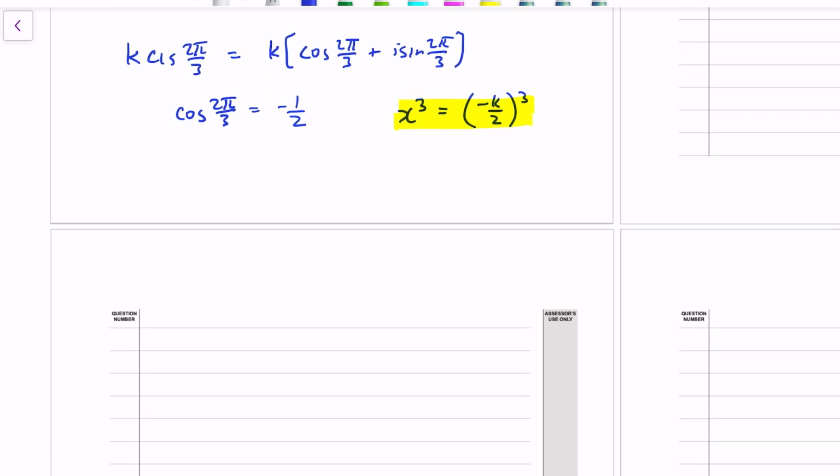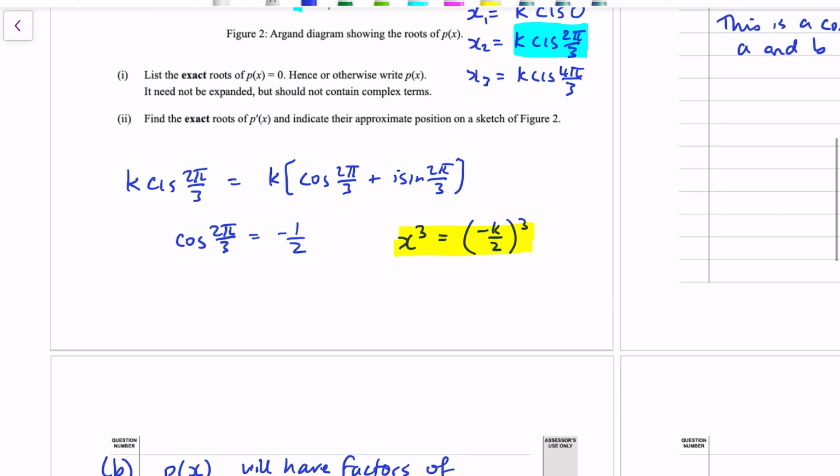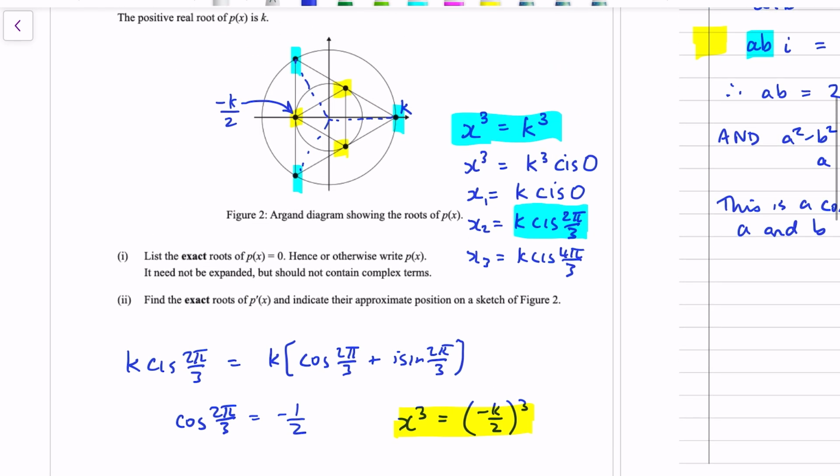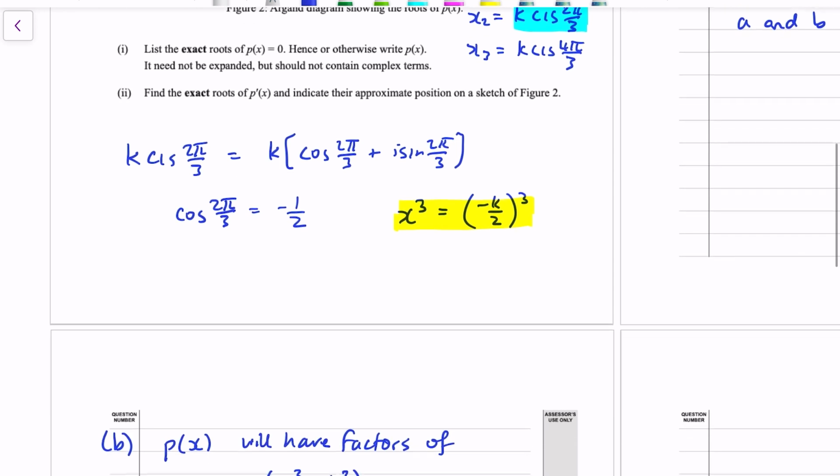So using our working from the diagram, p of x will have factors of x cubed minus k cubed. That's coming from the first one, just rearranged to make it equal 0. And then if I rearrange the yellow one, I've got an 8 at the denominator, so I can write 8x cubed equals minus k cubed.